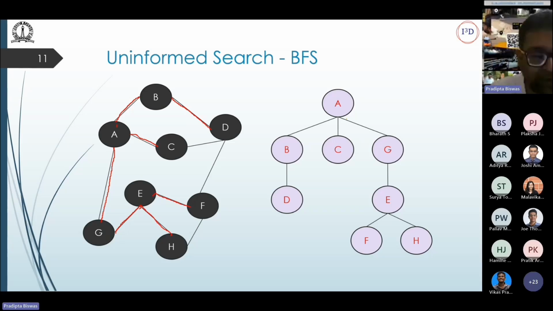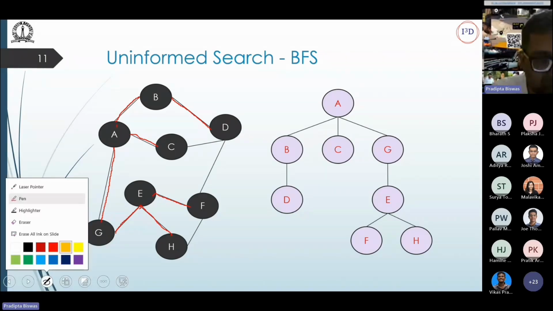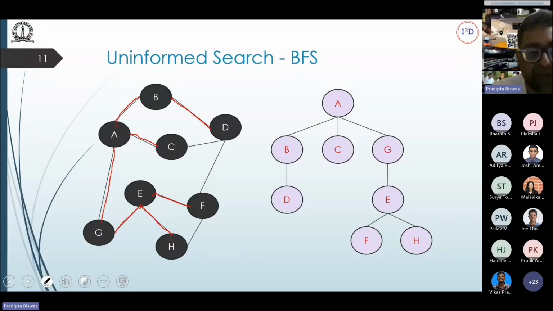Say maybe we are starting from A, and you can see that the breadth first search works like this. It's already there that from the A node, I will reach all the nodes that I can first reach from A. So like this.